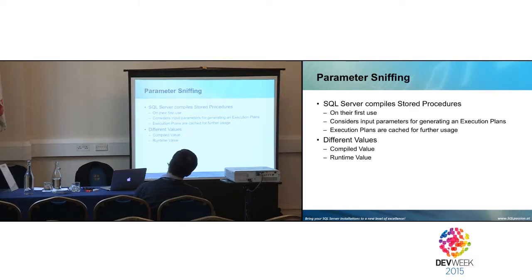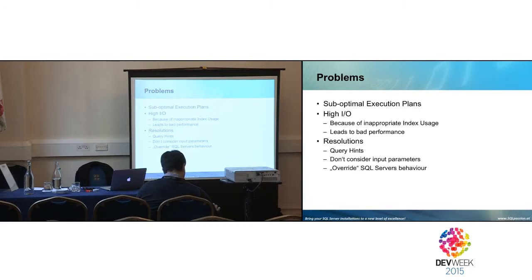When you have parameter values in a stored procedure, you always have a so-called compile time value and a runtime value. Your execution plan is compiled and optimized for a specific value, and afterwards you are running that cached plan maybe with a different runtime value. In combination with bookmark lookups, you will get a huge amount of performance problems.